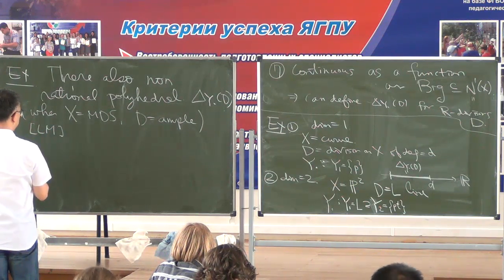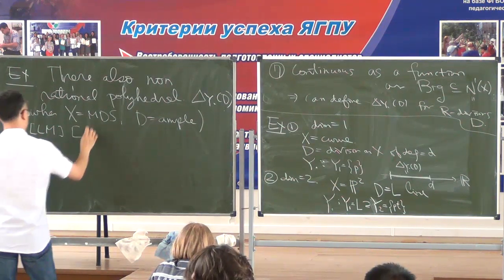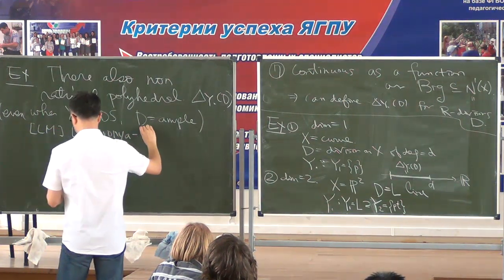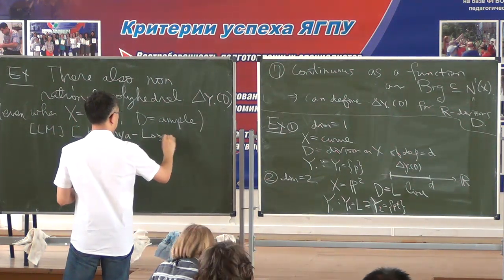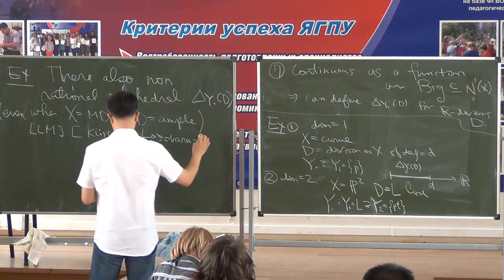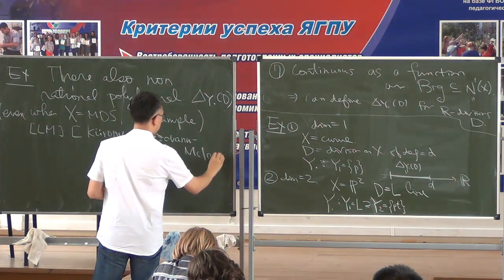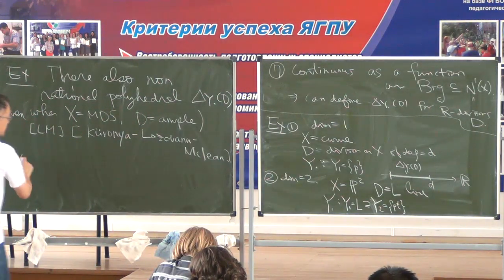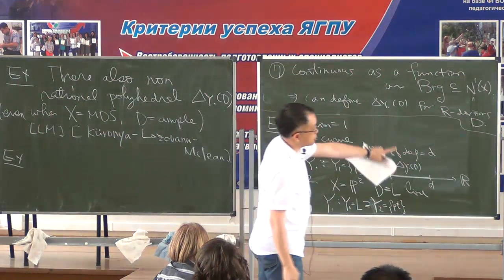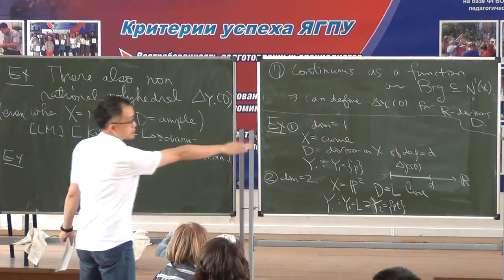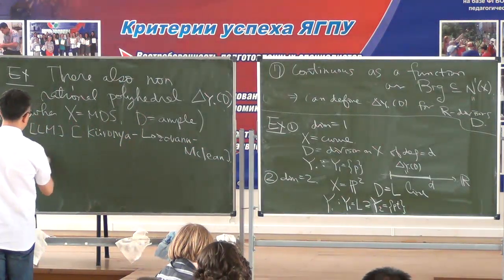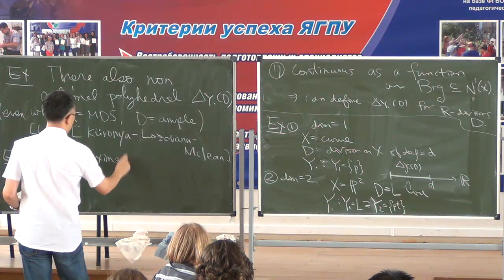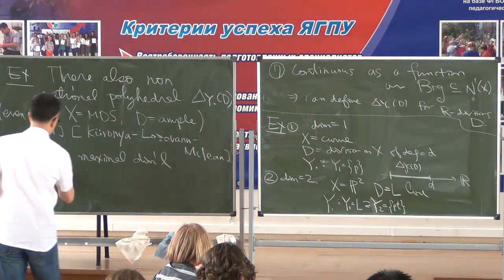There is also one example in this paper, and there's also another example by Küronya and Lozovanu. Also, all the Okounkov bodies here are full dimensional in R2 in this case, but there are also non-maximal dimensional Okounkov bodies.